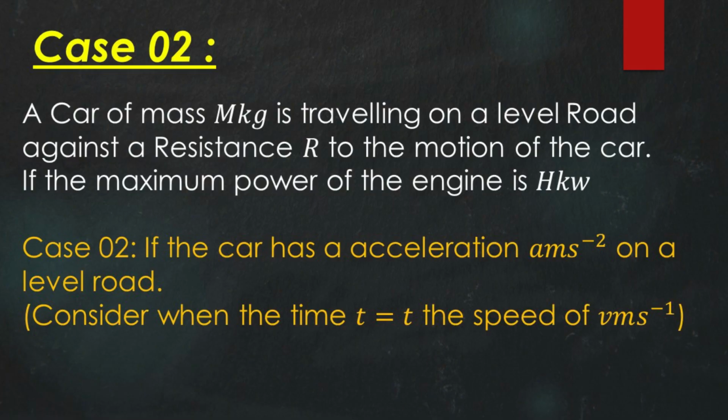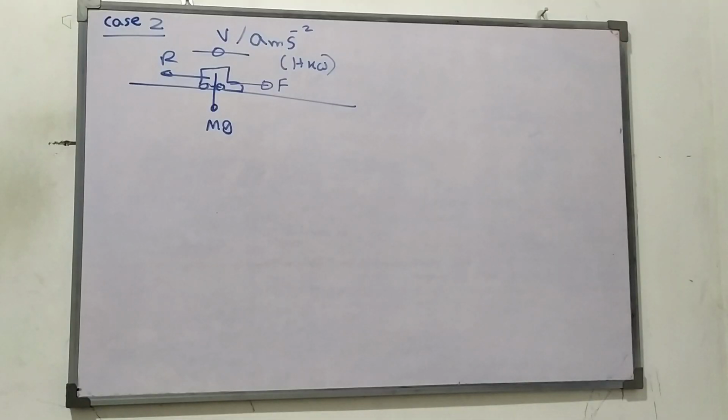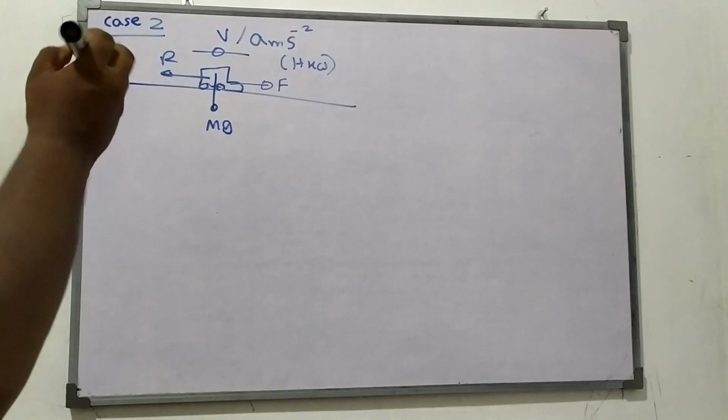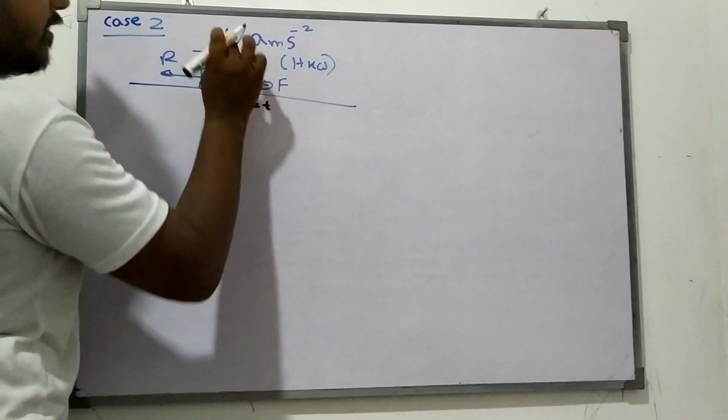Okay, let's move to case number 2. If the acceleration of the car is a ms^-2 and it moves on a level road, then what will happen? So I assume at some instant t, the velocity is v.